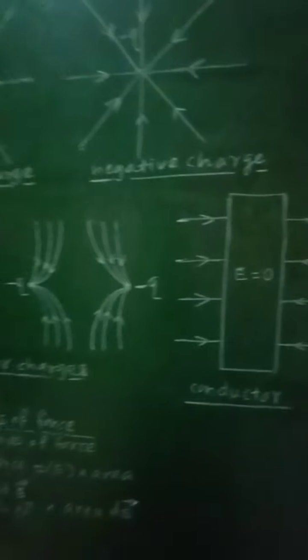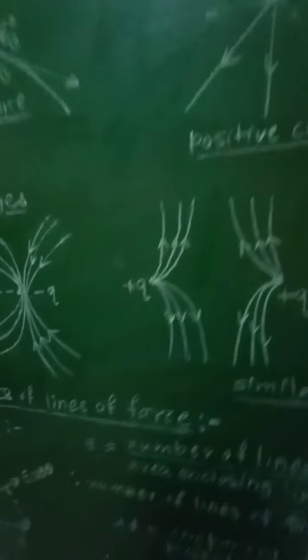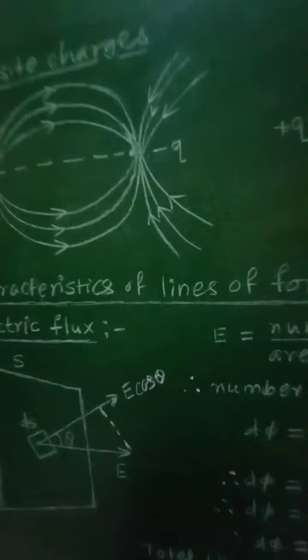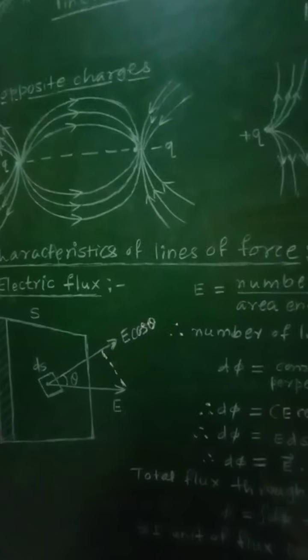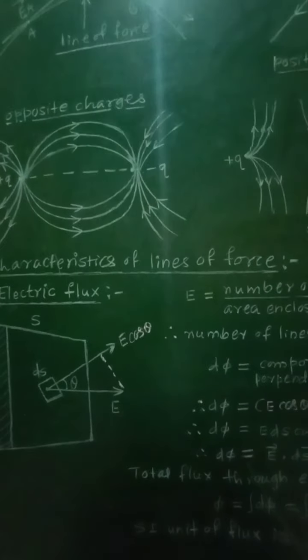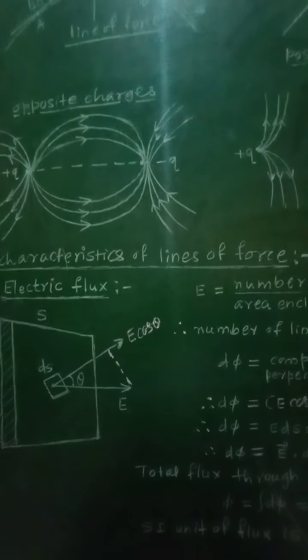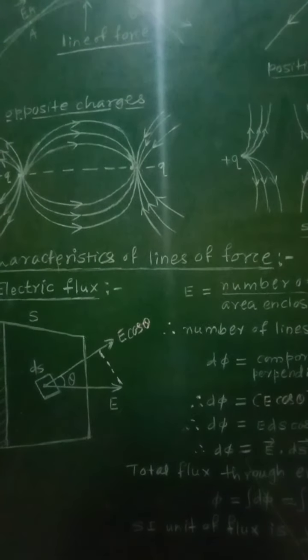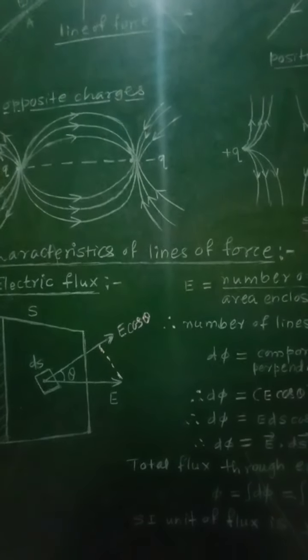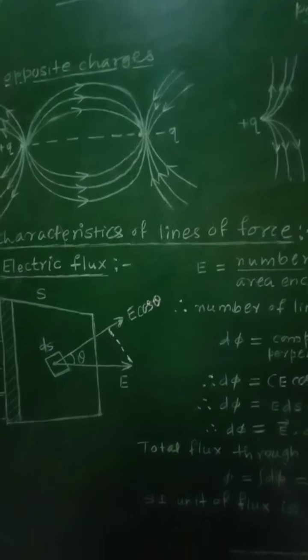And now let us see some of the characteristics of the electric lines of force. The first characteristic is that the lines of force originate from a positively charged object and end on a negatively charged object.